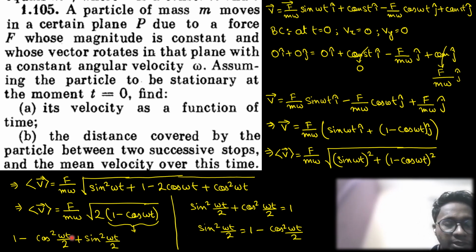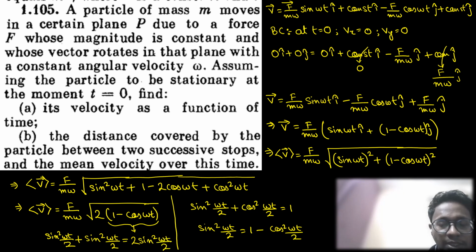So this entire value is nothing but sine square omega t by 2. If I substitute it, sine square omega t by 2 plus sine square omega t by 2 is nothing but 2 into sine square omega t by 2.